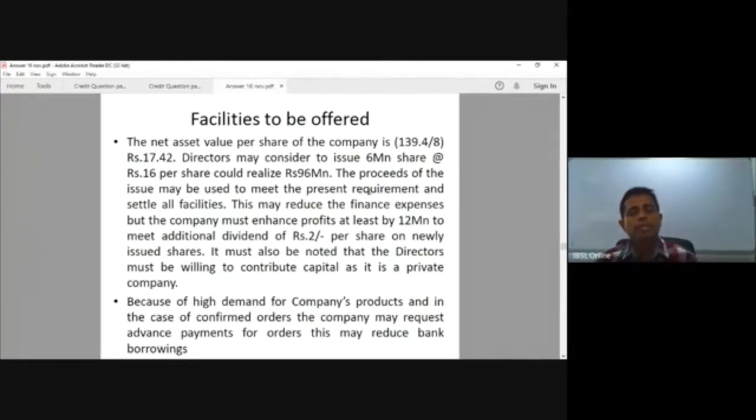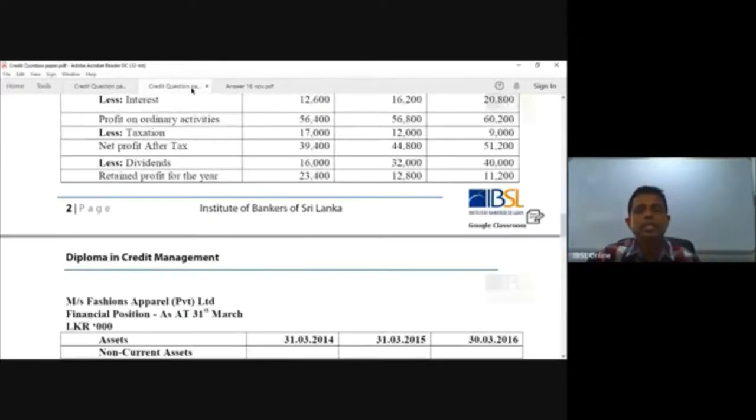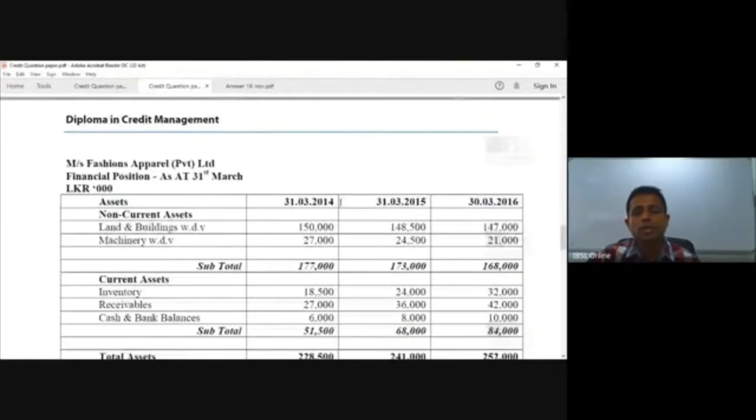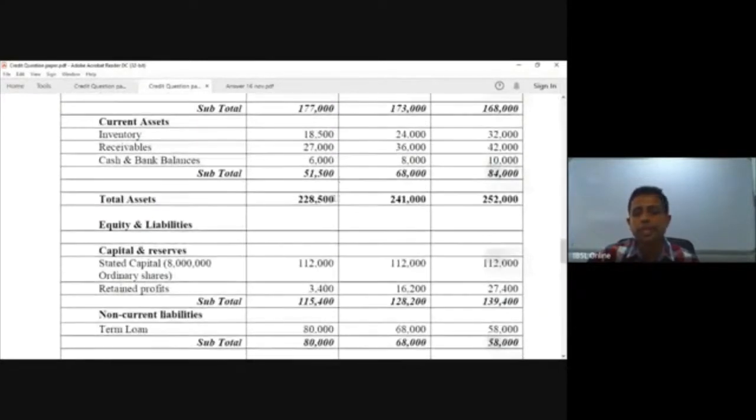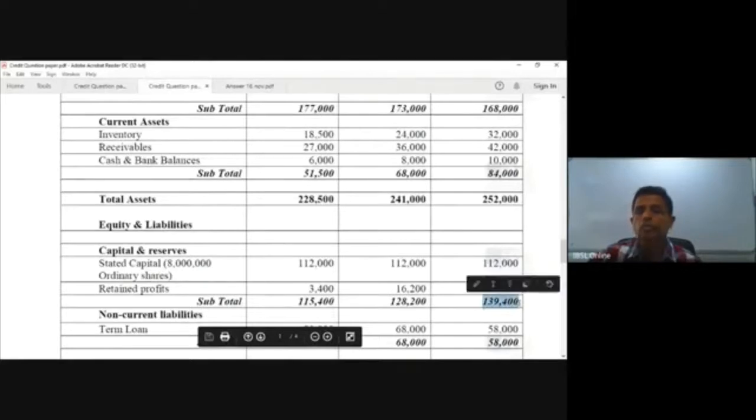Then point number 4, the net asset value per share of the company is 17.42. If you go to the balance sheet, the total equity is 139.4 million. You have 8 million shares.